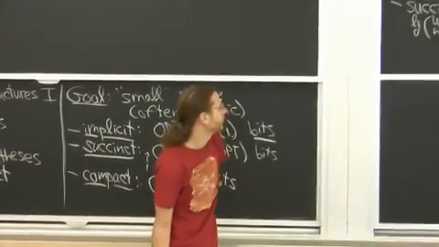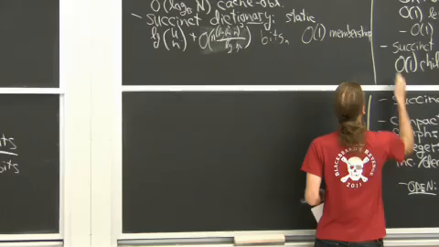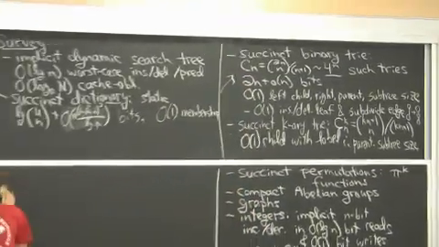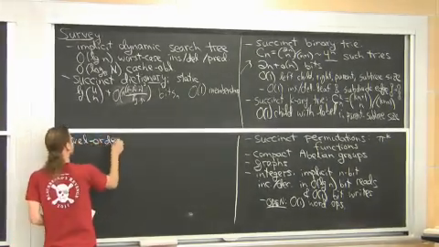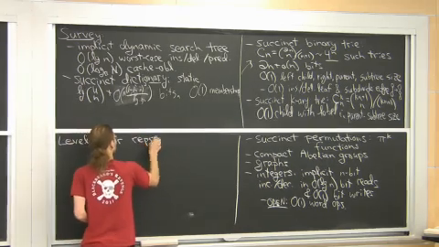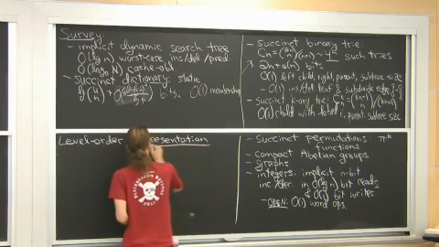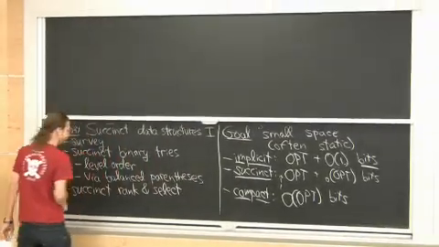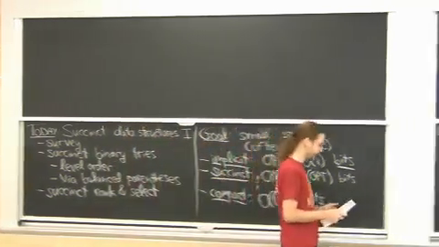Let's do some actual data structures now. We're going to be focusing on succinct binary tries, and we're going to do two versions of it. One of them is level order, and the other will use a balanced parenthesis representation. So let's start with the level order one.